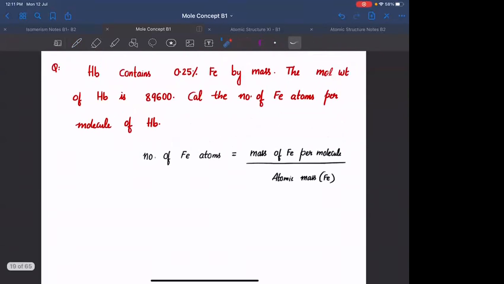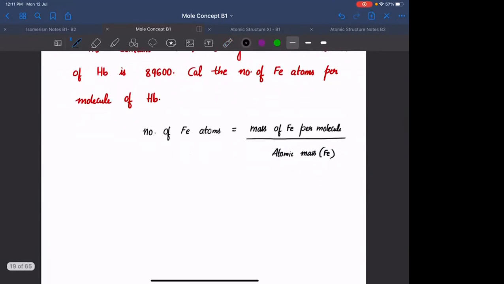They have given 0.25% by mass of hemoglobin is nothing but iron. I hope everyone knows how to solve percentages. If entire 100% पूरा का पूरा 100% iron होता तो 89,600 AMU should be the mass of iron.